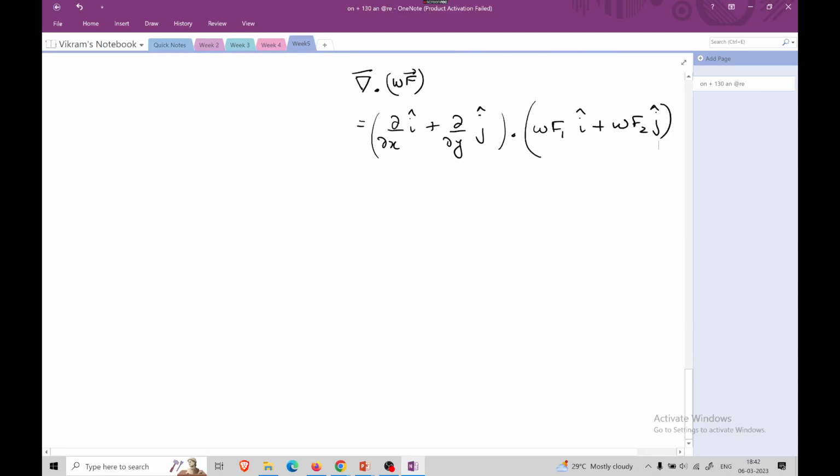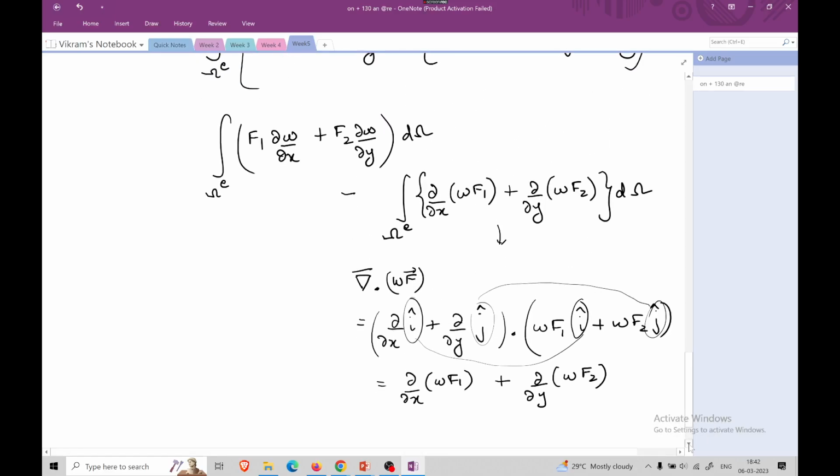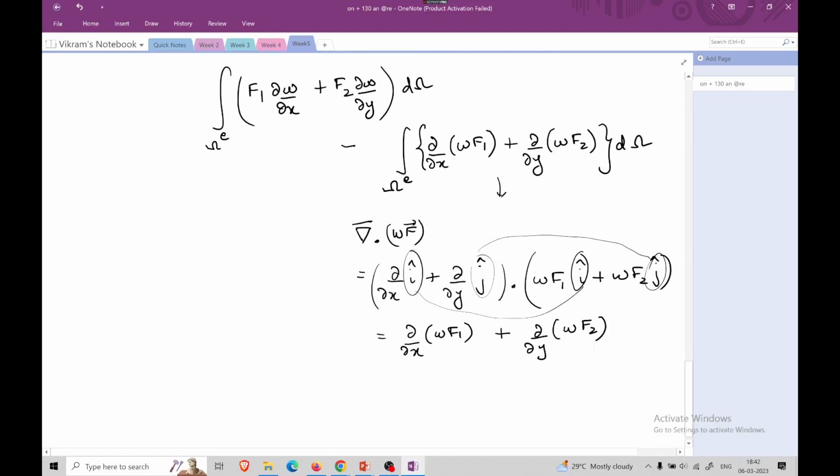Since it's a dot product, this will be ∂/∂x of W f1, where i cap and i cap merge, and similarly j cap and j cap merge. This will be ∂/∂y of W f2. So this is nothing but what we have already seen before.